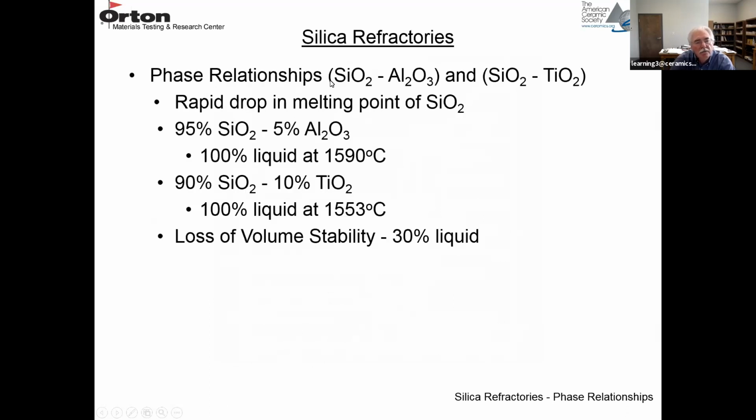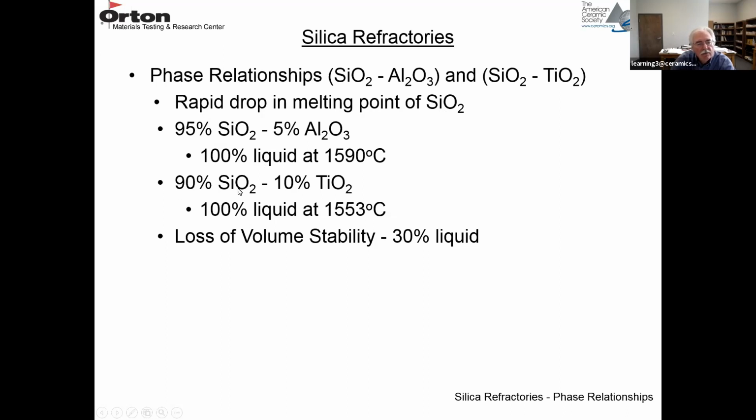So there are other phase relationships we can look at: SiO2 and Al2O3, SiO2 and TiO2. Impurities for this system cause a rapid drop in the melting point of silica. So 95% SiO2 and only 5% Al2O3, you have a 100% liquid phase when you reach the temperature 1590.